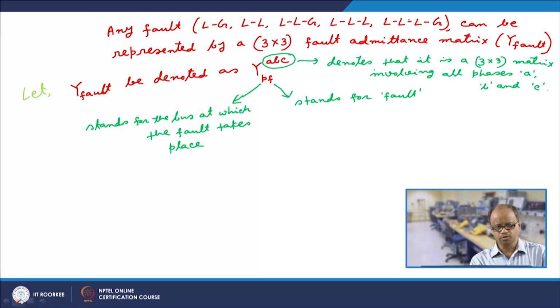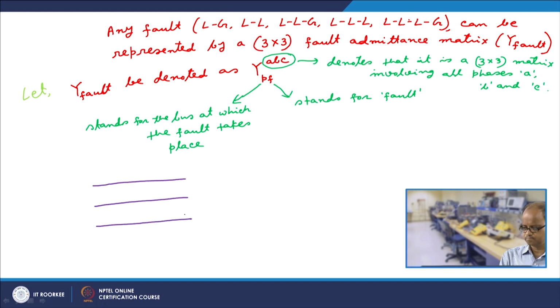Now suppose there is a bus. This is phase A, phase B, phase C, and this is bus P, and let us say there is some fault.